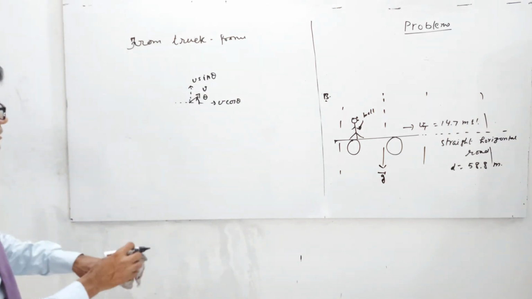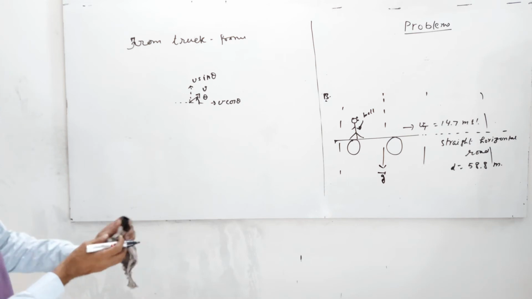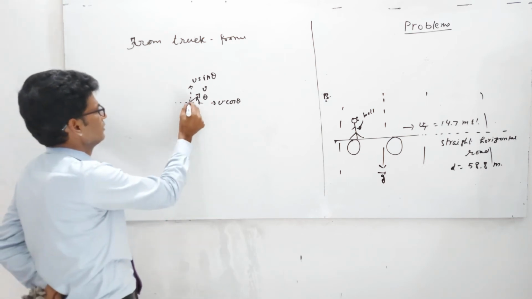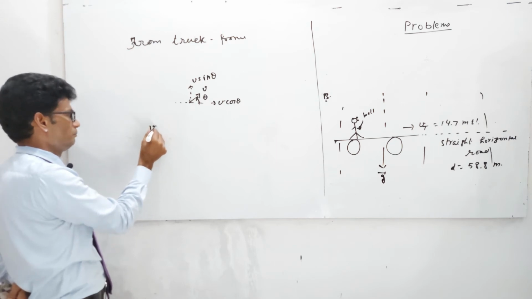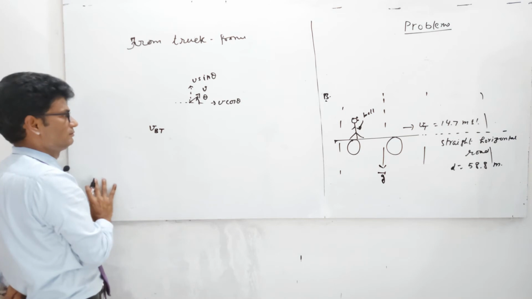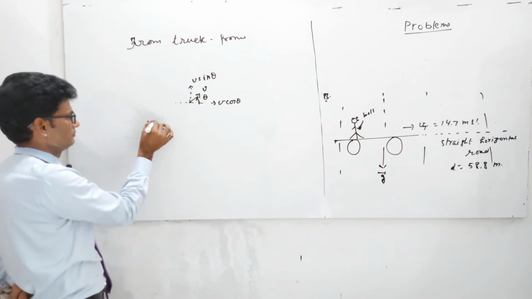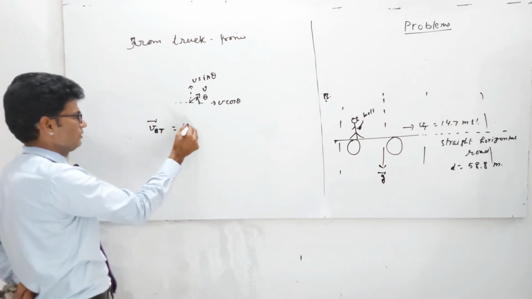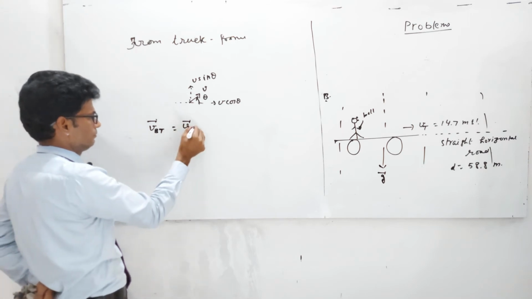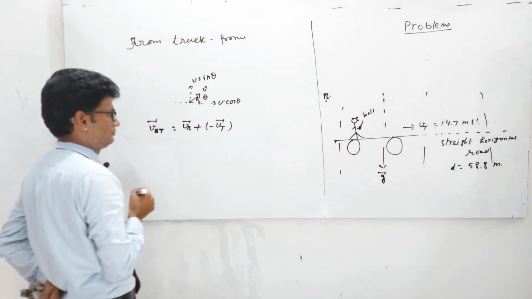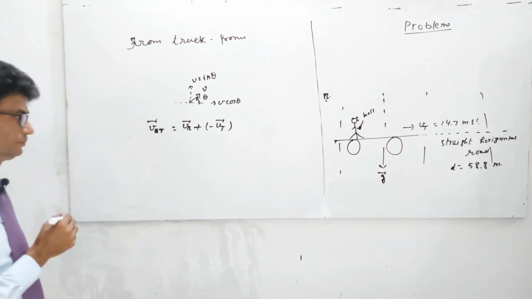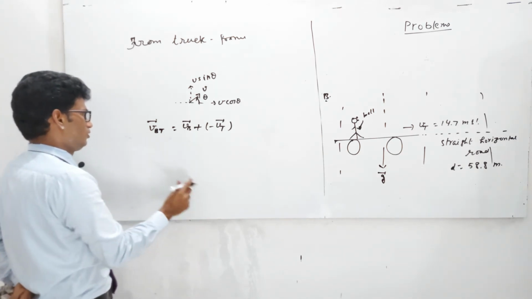The velocity of ball with respect to truck is the velocity of ball plus or minus the velocity of truck with respect to ground.